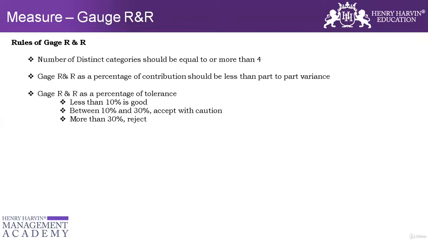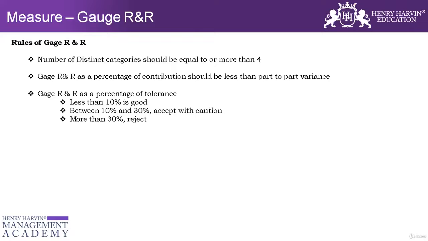Distinct categories means whether that data should be able to get into 4 different levels, which means it should be greater than 4. Whatever data we throw, Minitab would calculate the number of distinct categories. I would not accept if my distinct categories is less than 4. All these 3 rules have to be passed before I conclude that my gauge RNR is good to go. That's what a distinct category is.